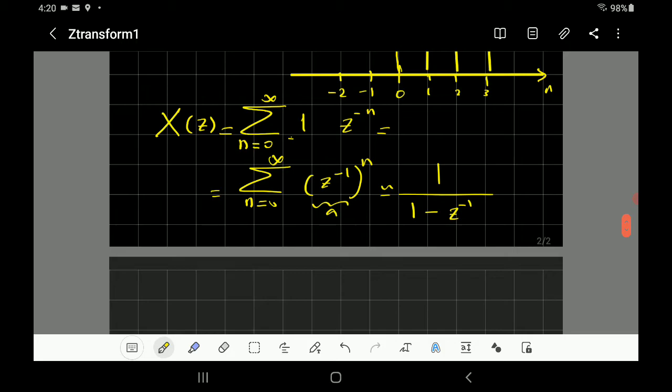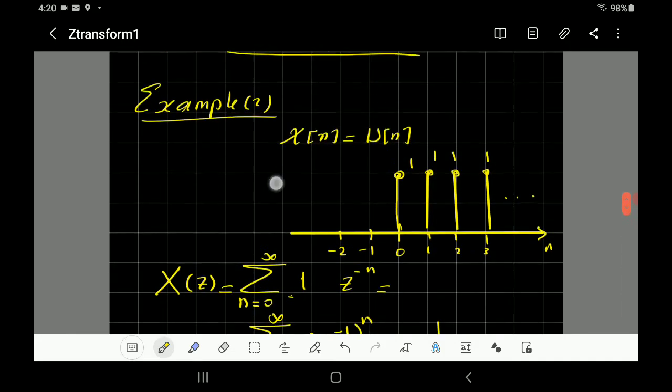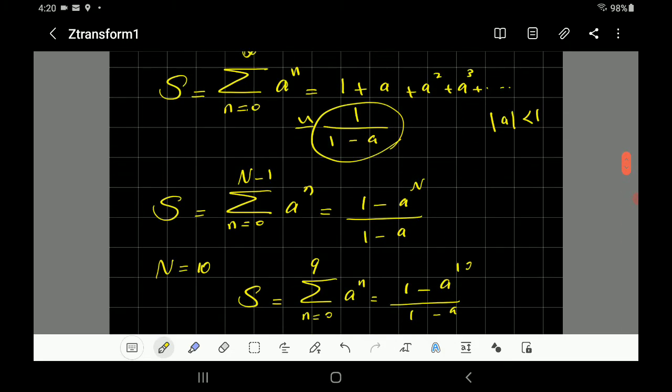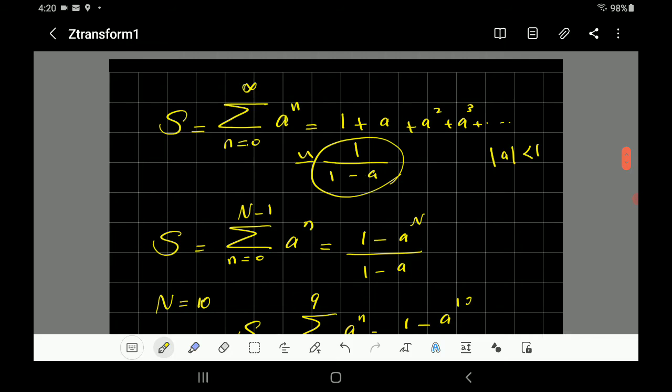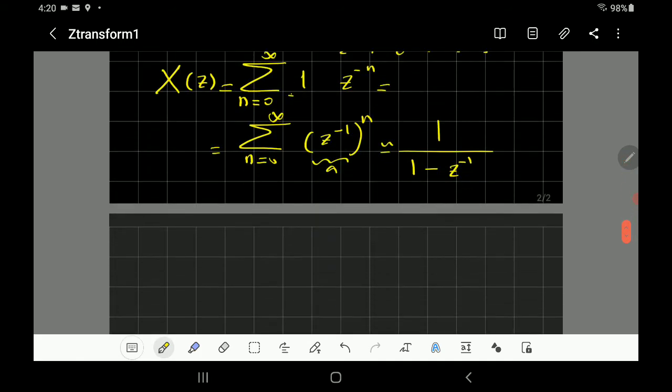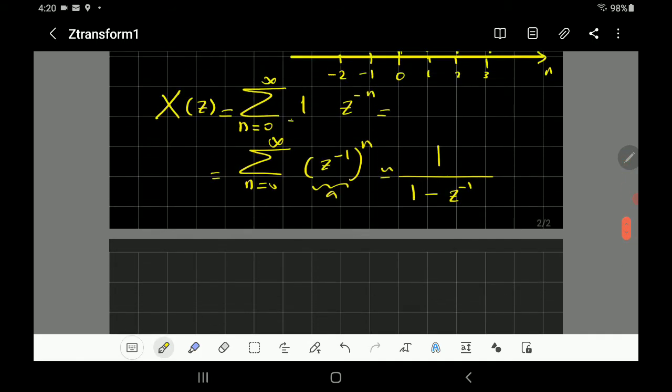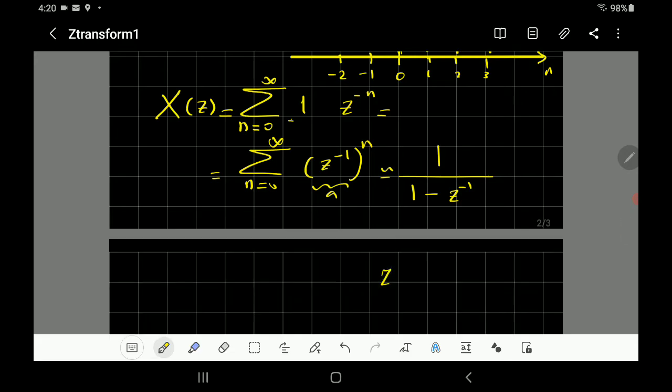But there is a condition. We said in geometric series that this approximation is valid only when the magnitude of a is less than 1. The same thing has to be done here. We have to say that the magnitude of z to the power minus 1 should be less than 1.